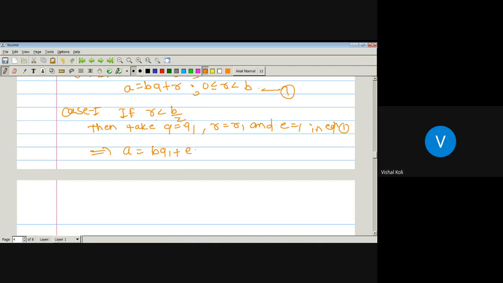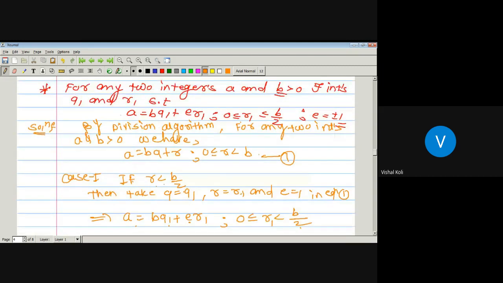So here we can write E into R1, where 0 is less than or equal to R, which is less than B. But as here R is less than B by 2, we will replace this B by 2, since R is between 0 and B by 2. But R is nothing but R1. So here we get 0 is less than or equal to R1, which is strictly less than B by 2. So for the first case, whenever R is less than B by 2, then A is equal to BQ1 plus ER1, where 0 is less than or equal to R1, which is less than B by 2. That one is proved.